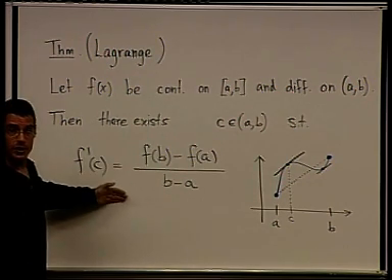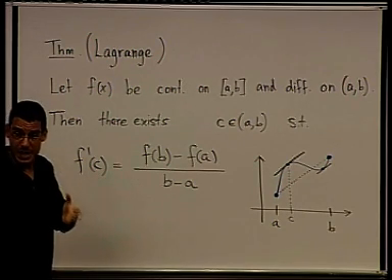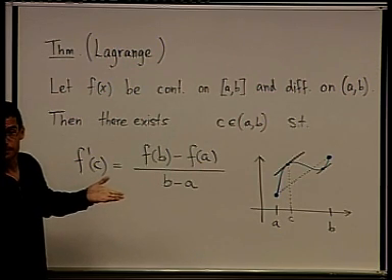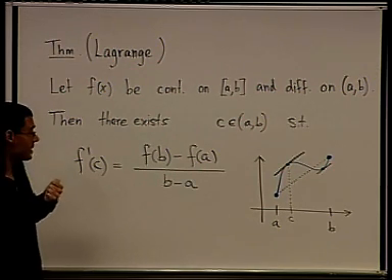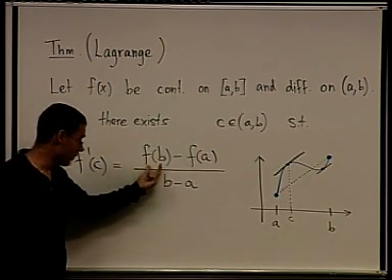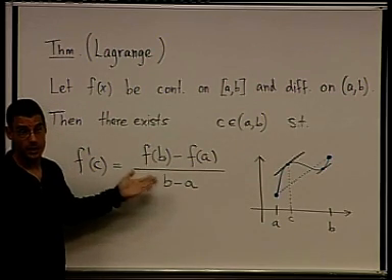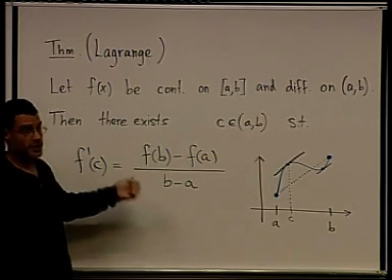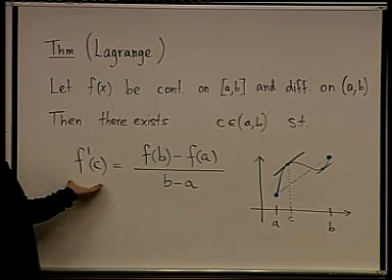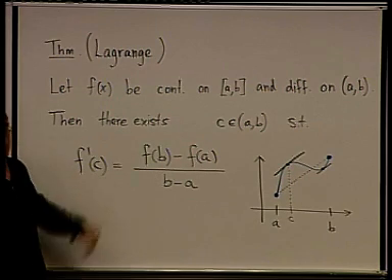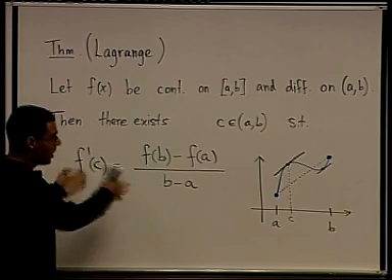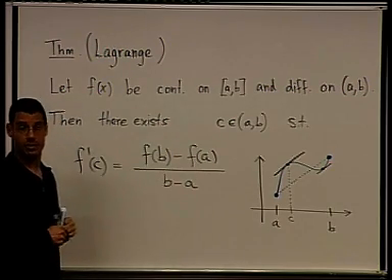If we take a function which happens to satisfy that the value at b equals the value at a, what do we get here? If f of b equals f of a, what do we get here? 0. So if a function satisfies f of b equals f of a, we get Rolle's theorem. We get that there exists a point such that the derivative is 0. Do you see that? This is what it means to say that one theorem generalizes another theorem.